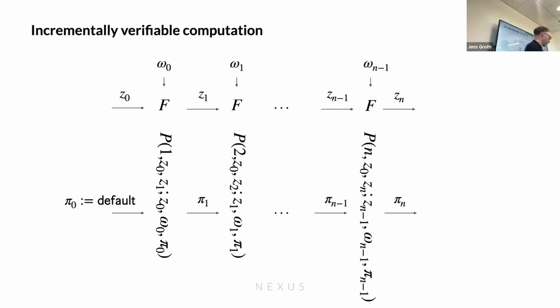Okay, and yeah, now I'll do a little bit of notation. Paul Valiant in 2008 suggested the notion of incrementally verifiable computation. So the idea is, if you have a big computation and you want to incrementally compute it, then you can create proofs for each step of it. The function f represents what you want to compute.